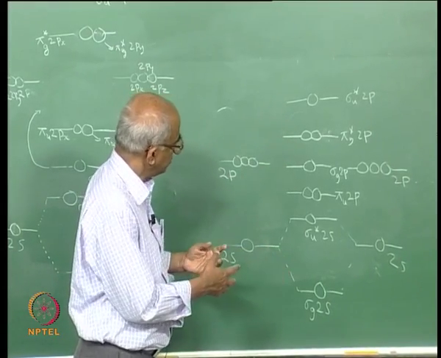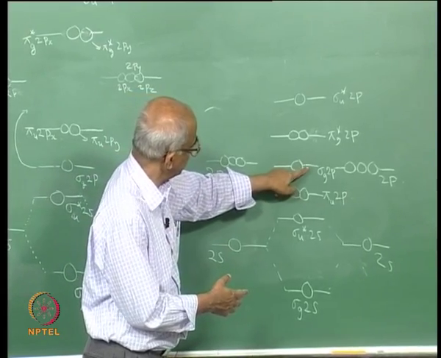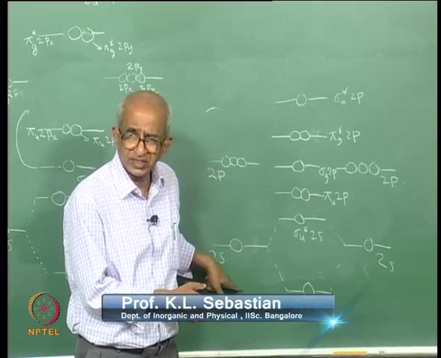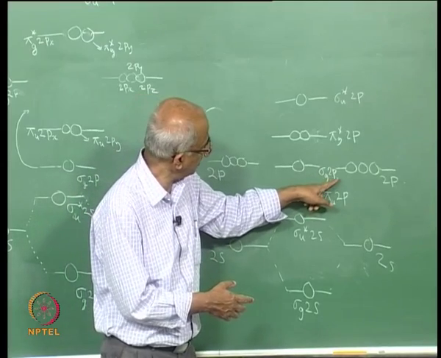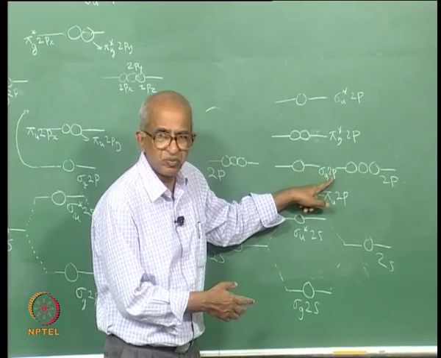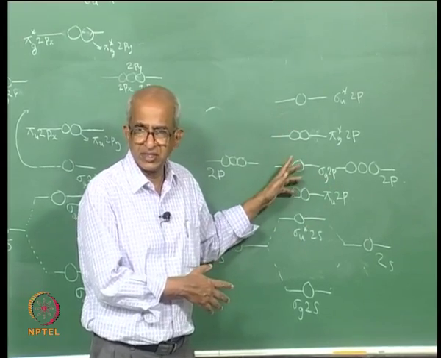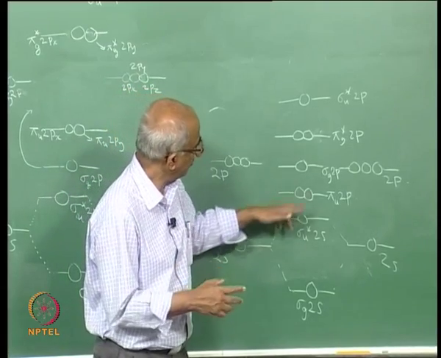But then of course, you should realize that this sigma g 2p as it is written has contributions from 2s as well as 2p, and therefore, strictly speaking it is not completely correct to call it sigma g 2p, but we will continue to use this notation. More recently people have changed the notation, but we will not worry about that.